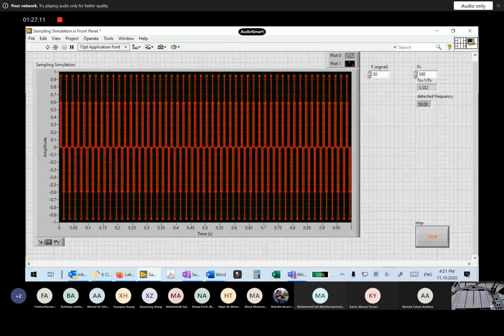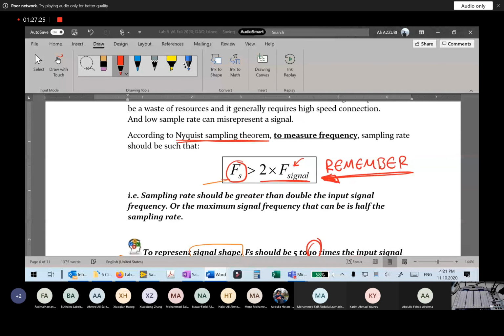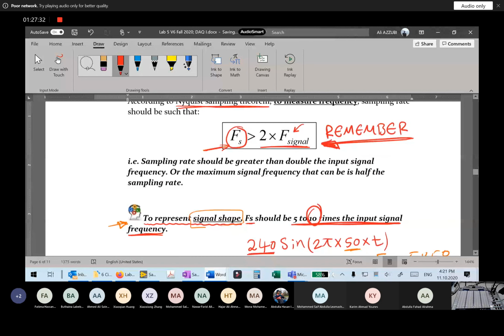Alright. The end result of this, what you need to remember is, you have a signal and you're sampling that signal with a specific speed, samples per second here. Okay. If you put very high sampling rate, you will waste resources because you need a fast acquisition.